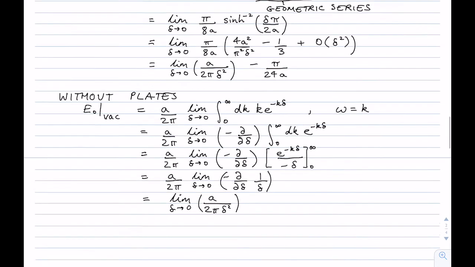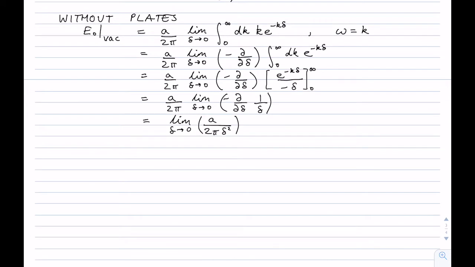So if I look at these two infinities, I can see that the difference between them is actually finite.